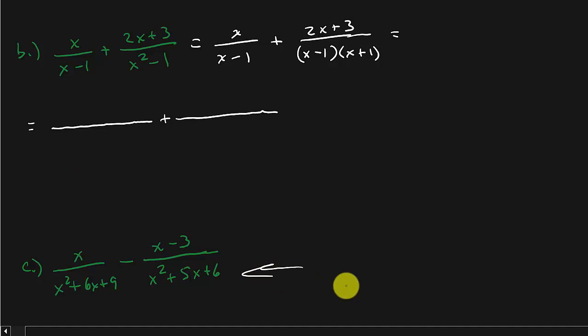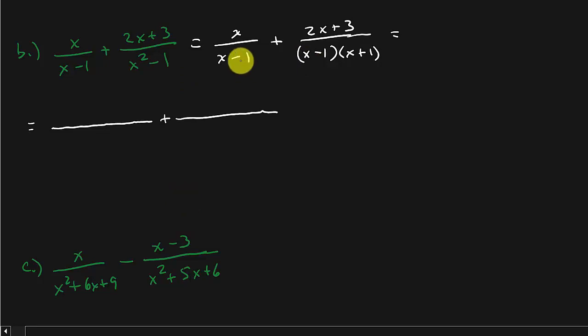Wait till I get to the next problem, and I think it'll make more sense. I'll explain it just like I did up here. But a lot of times when you have the simpler problems, sometimes it's harder to see what's going on. So hang with me on these two.